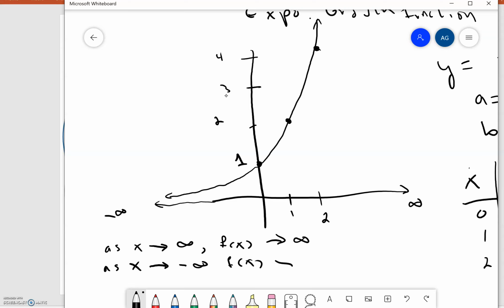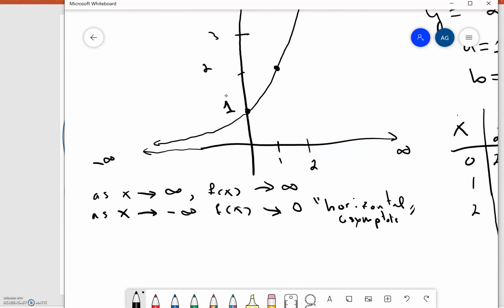It's not going to negative infinity. f of x is actually approaching 0. So what this means is we have a horizontal asymptote. And that horizontal asymptote is actually, in this case, the x-axis.